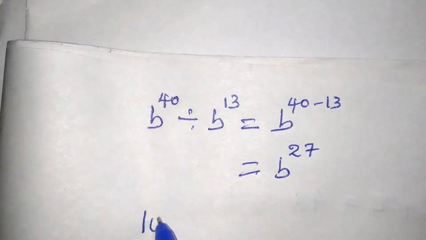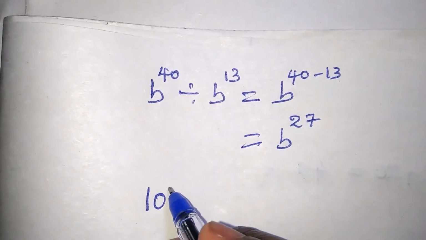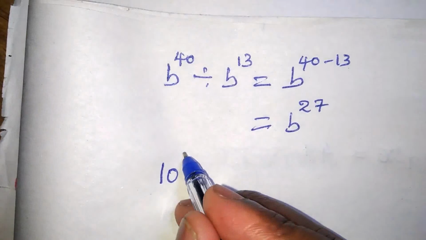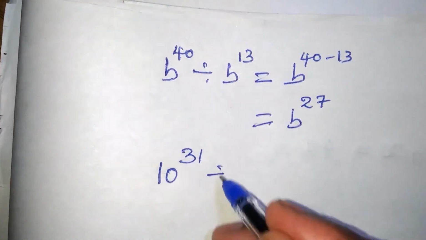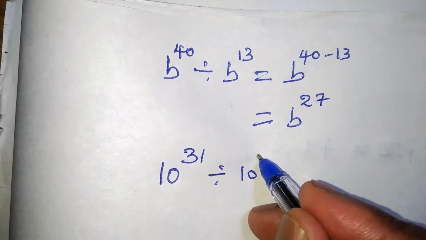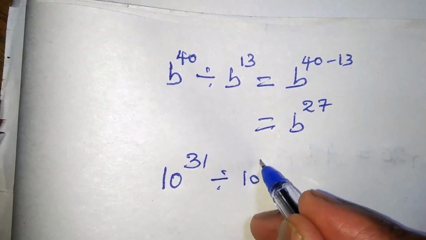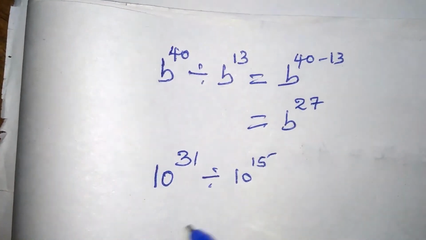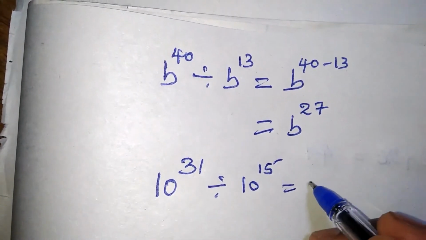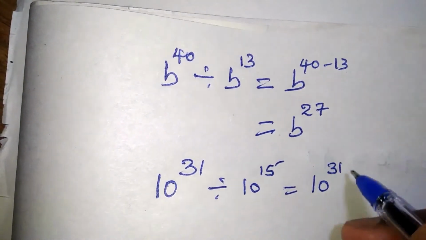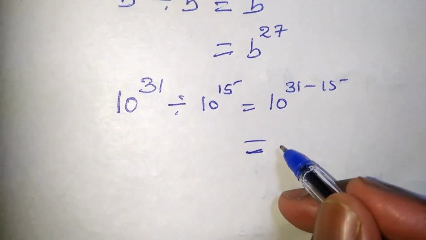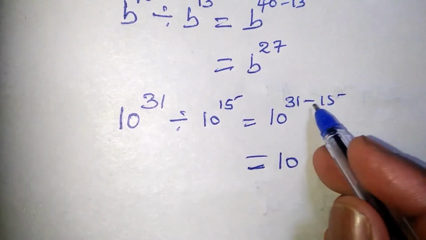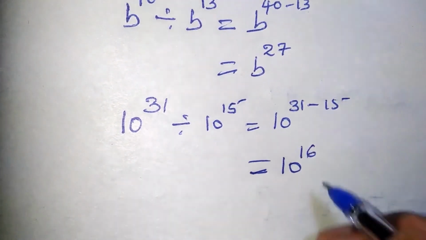This can be done even with powers of 10. 10^31 divided by 10^15, maybe. What we end up with is 10^(31 minus 15), which is simply equal to 10^16.